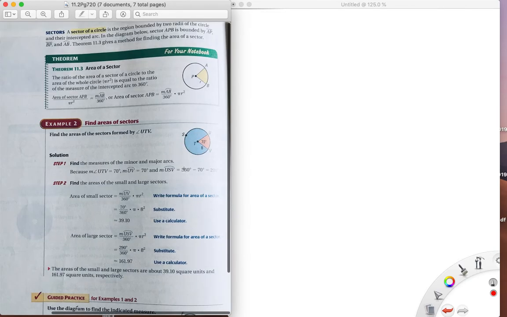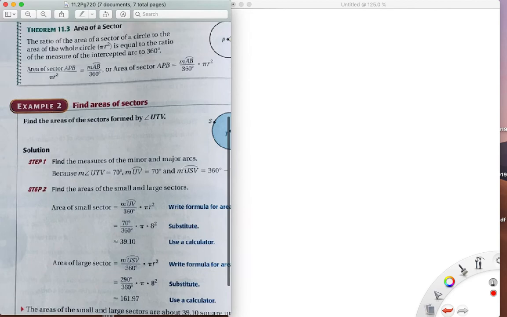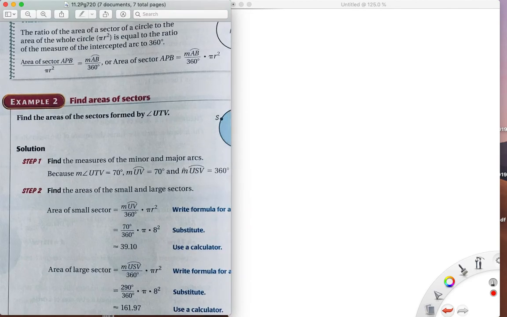And the next theorem deals with finding the area of the sector, which is very similar to the proportion that we did in the last section. It says that the area of the sector divided by the area of the circle is equal to the arc length in degrees divided by 360.